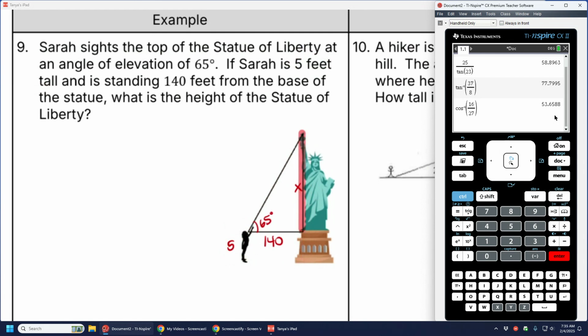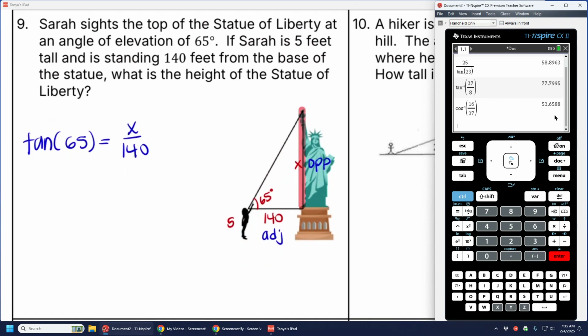Okay, so now let's see what we have. This is where the right angle is. When I go across, that's the hypotenuse, but it's blank. Here's my angle of elevation. When I go across, that's the opposite side, so the statue is the opposite side, which means that that horizontal distance has to be the adjacent side. So opposite and adjacent, that is tangent. So tangent of 65 equals X over 140.